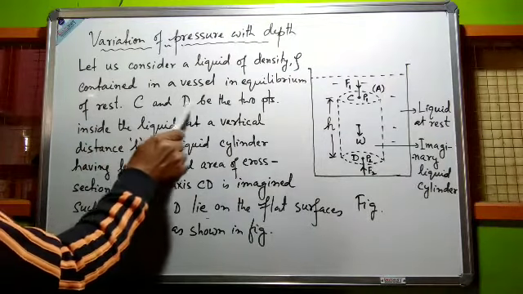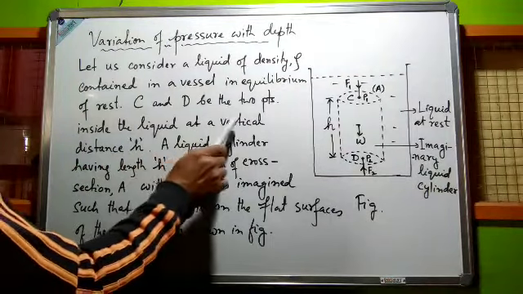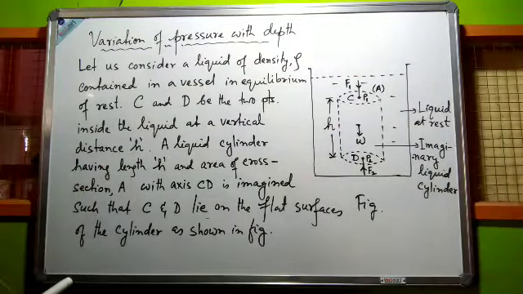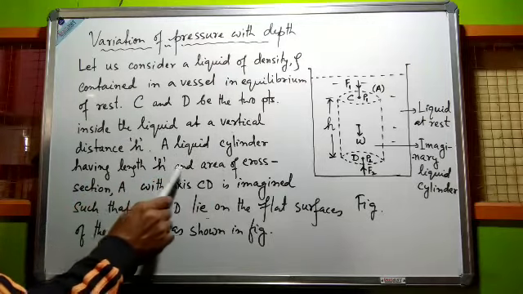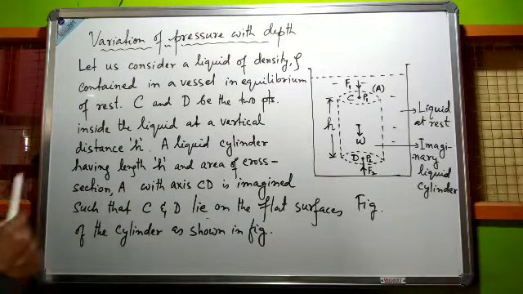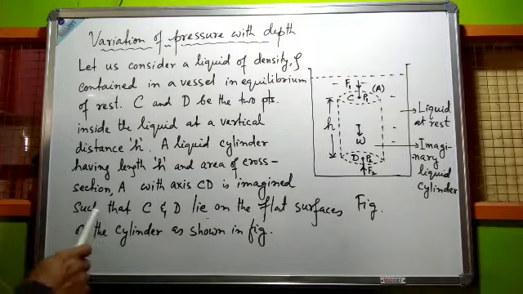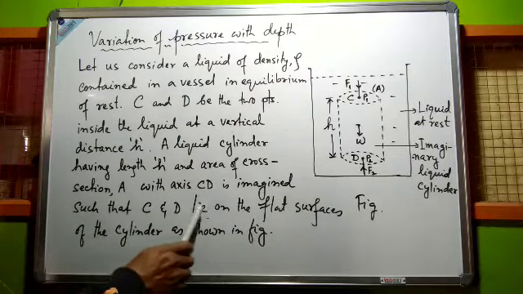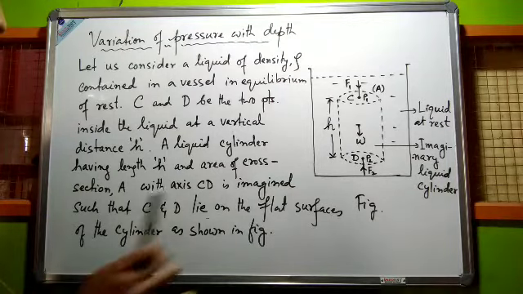C and D are the 2 points inside the liquid at a vertical distance small h. A liquid cylinder having length h and area of cross section capital A with axis CD is imagined, such that C and D lie on the flat surfaces of the cylinder as shown in the figure.